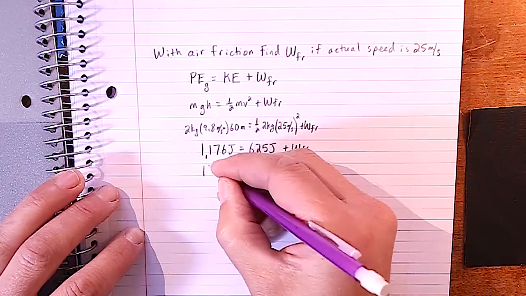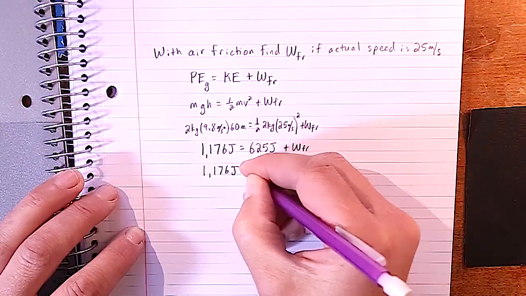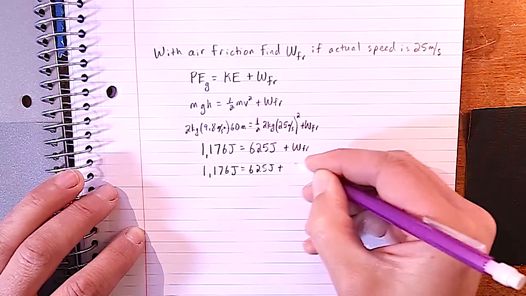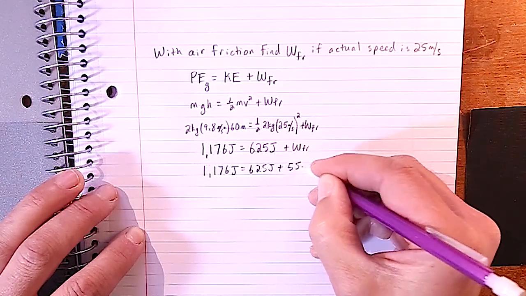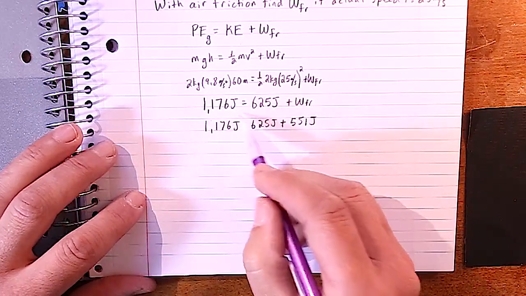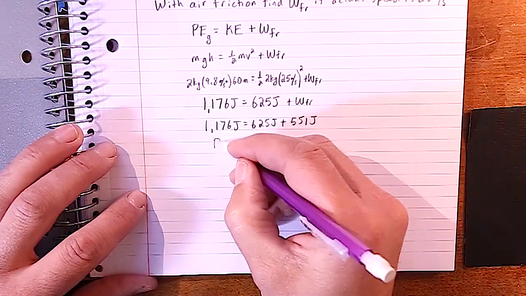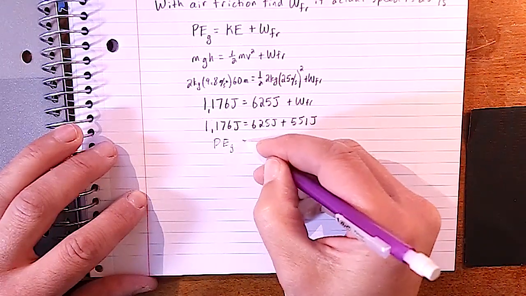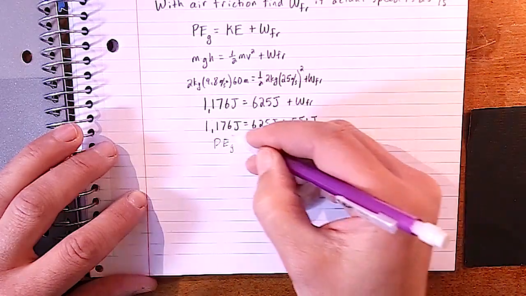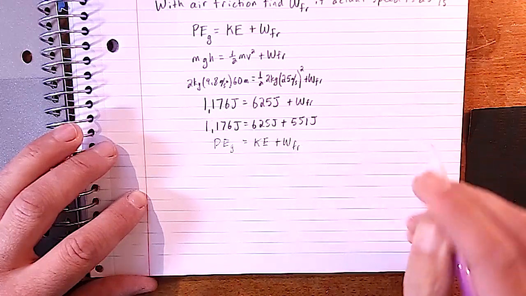But I'm going to rewrite this like this, because I want you to see that the total energy that we start with has to be equal to the total energy we end with. So we have PEG, and this time we have less KE, and the amount of missing energy is made up by the work done by friction.